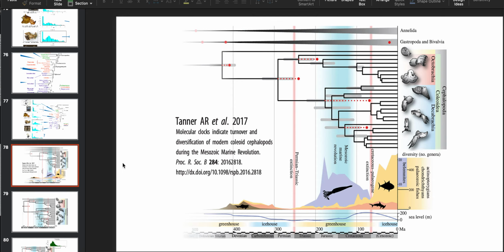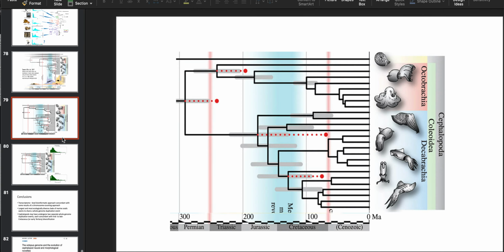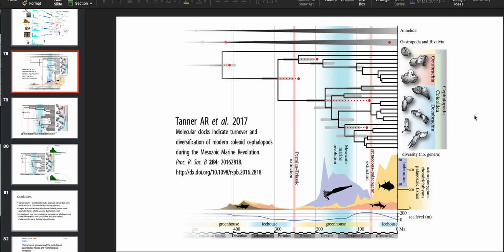Now the coleoid cephalopods, the squids and octopods, according to some of these KS plots that we generated, they also seem to have evidence for an ancient whole genome duplication event. This is, I guess I should show, this is kind of cool. So these figures down here are showing the inferred diversity dynamics of different groups of organisms.